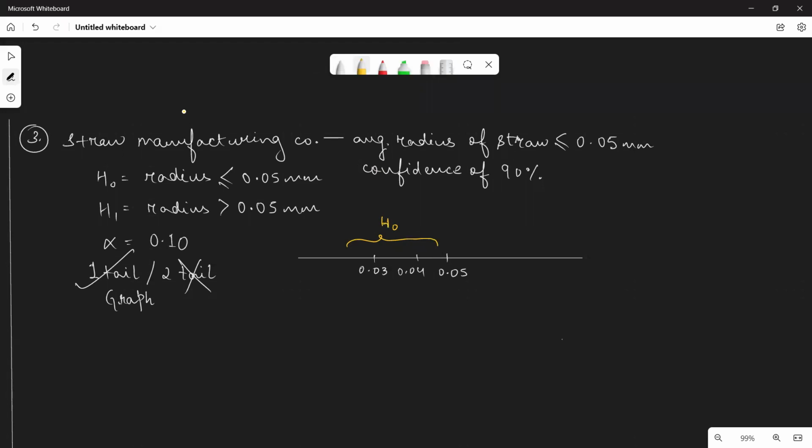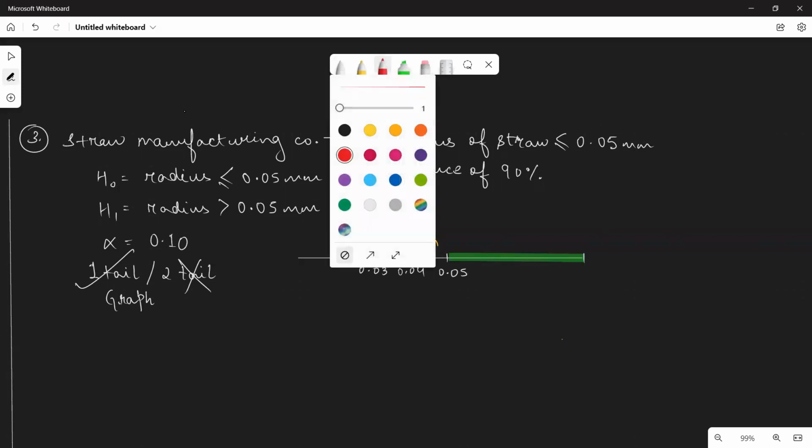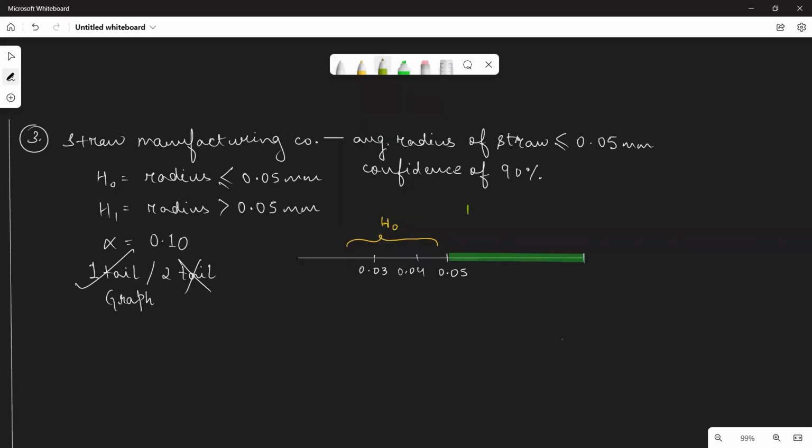We don't want to make H naught true. We want to reject H naught. So we will move in this direction. For us, this is a right tail test. If we keep it right tail, only then we will be in a state to reject H naught. So this is a right one-tail test. This is what we have.